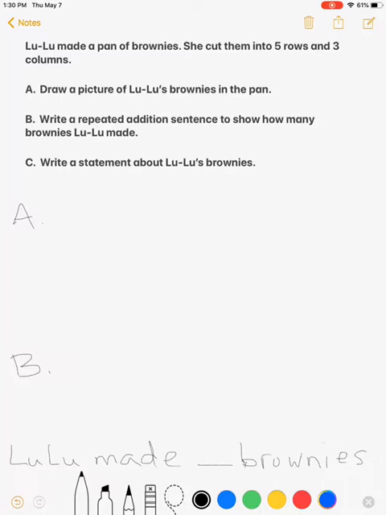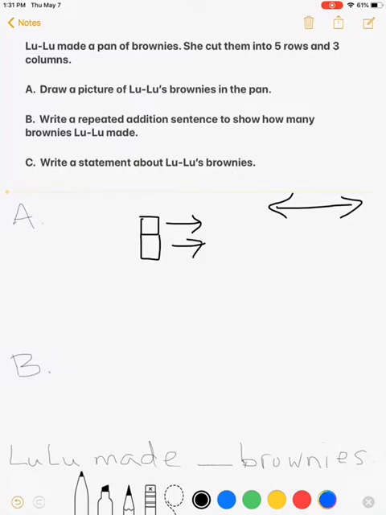So let's get started. Part A says draw a picture of Lulu's brownies in the pan. I'm going to start by thinking about those 5 rows and 3 columns. Sometimes when I'm working with square tiles, I like to start by laying them out. I know rows are going to go from left to right. So I'm going to have 1 row going left to right, and another row left to right.